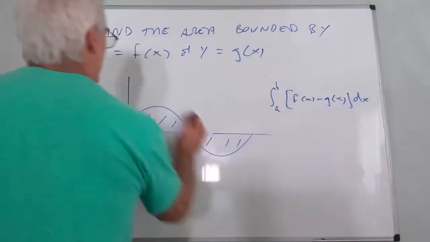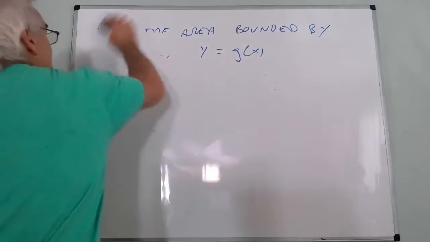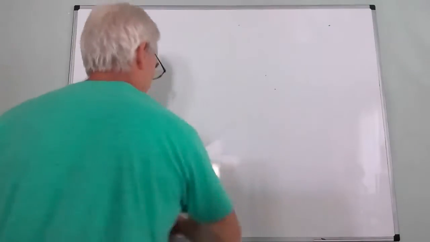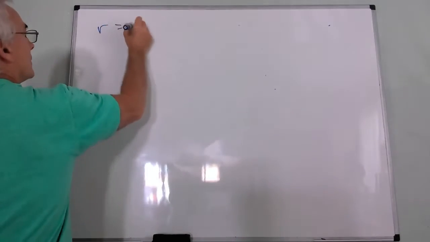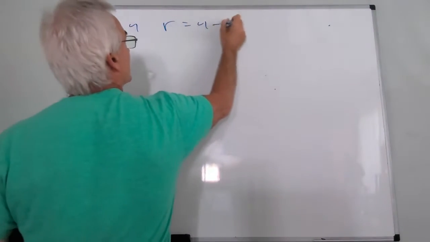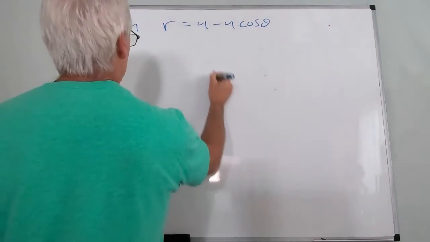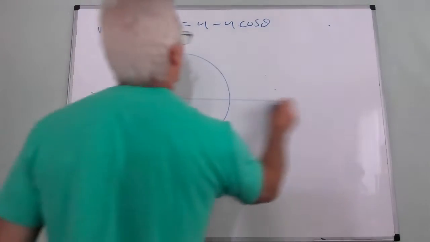So now we're looking at a polar graph. And I'm hoping people actually drew the graph, because if you try to do this in your head, that's probably not a good idea. The curves were r equals 4 and r equals 4 minus 4 times the cosine of theta. So r equals 4 would be the circle of radius 4 centered at the origin.